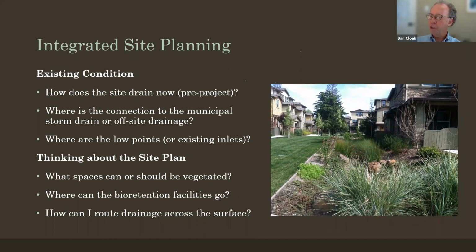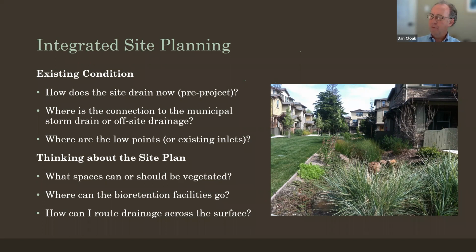The key aspects of this are first looking at how the site drains, either in its currently developed state or, if it's undeveloped, what the natural topography is like, and where it connects to offsite drainage, whether that's the municipal storm drain or a more informal drainage, and where the low points are, often keyed by the existing inlets.